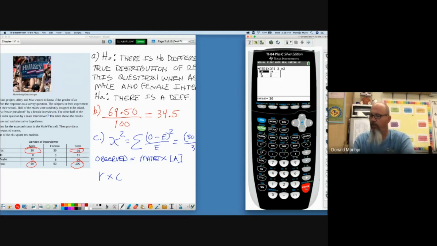Now we can try to run the chi-squared test. And the reason that we're using this calculator command of chi-squared test is it will do all of the work for us. You guys are really going to like this. So let's go back into stat test chi-squared test.